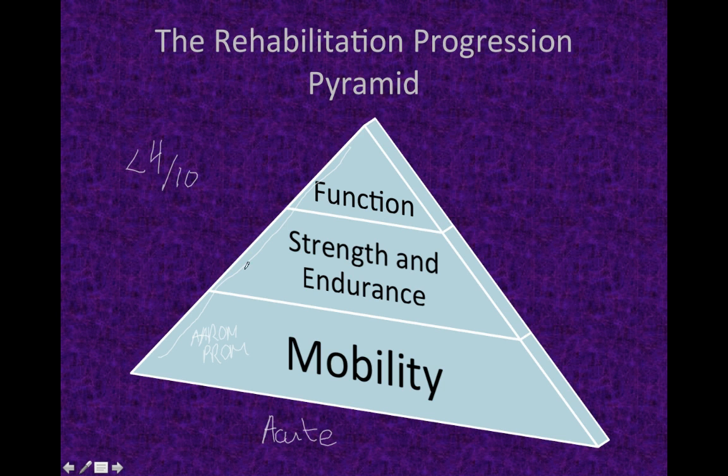Strength and endurance, now we're getting into improving the actual force production of the joint segment and its ability to perform multiple repetitions of an activity. That's endurance. Then you get into function, and this is the one, remember, that's going to depend on what that person's ICF model looks like. What is their function? What do they need to be able to do? That's where you're going to focus on the function section.